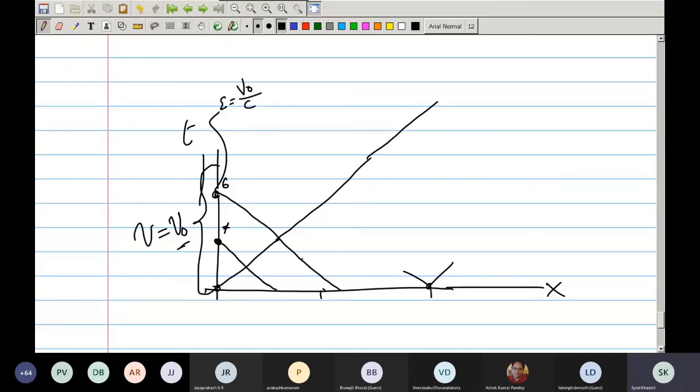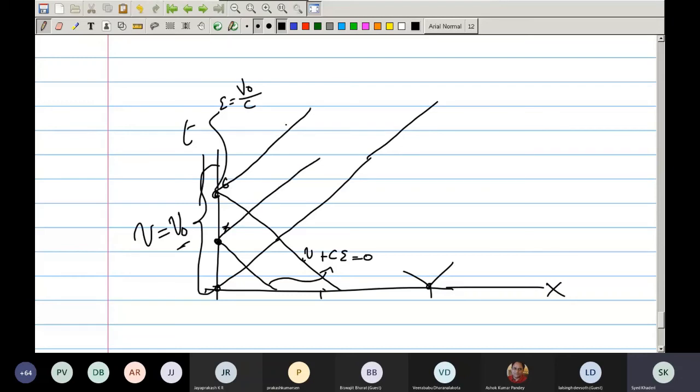So along this line we have the condition that v plus c epsilon is 0. Even here also we have the same condition, but on a different line. So we have this characteristic starting from here and here.